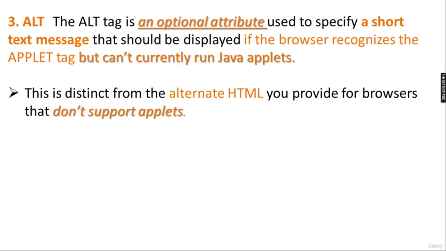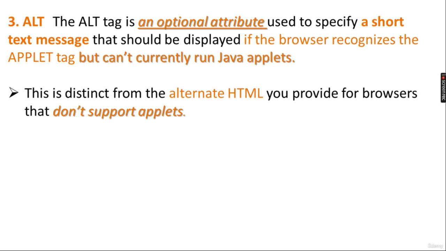Third is the alt attribute, the alternate text. The optional attribute used to specify a short text message that should be displayed if the browser recognizes the applet tag but can't currently run Java applets. Whatever browser you are using, like Chrome or Mozilla, if it recognizes the applet tag but can't currently run Java applets, the alternate text provided by you will be displayed.